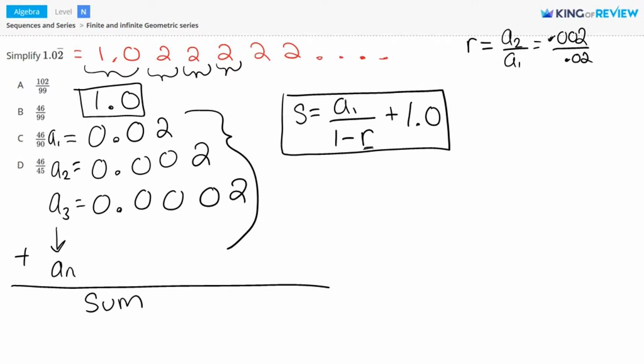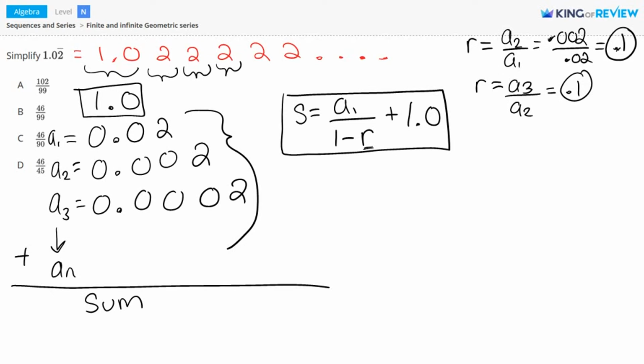And when you divide this out, you get 0.1. So the common ratio is 0.1. You could also use other terms. For instance, A3 over its previous term, which is A2. And if you divide those numbers out, you'll get the same common ratio, which is 0.1.